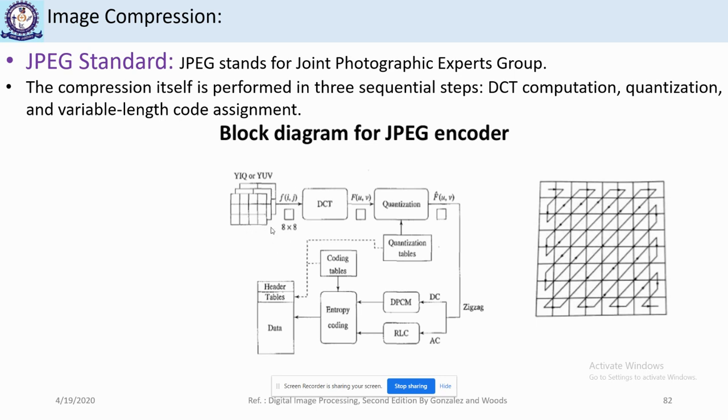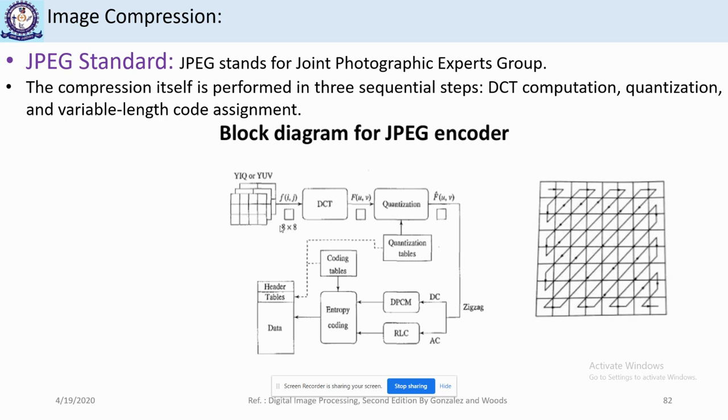Now each sub image is taken and first scaled. How is it scaled? Each coefficient of this 8 cross 8 block will be subtracted by 2 raised to the power n minus 1, where 2 raised to the power n is the maximum number of gray levels. So in a gray image, the maximum number of gray levels is 2 raised to the power 8, that is 256.